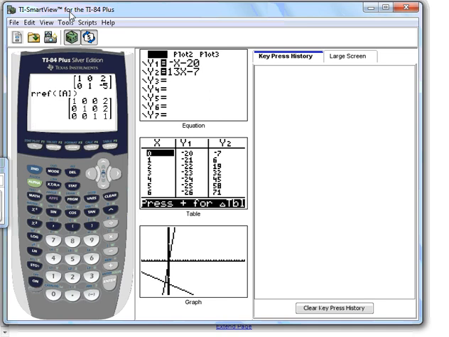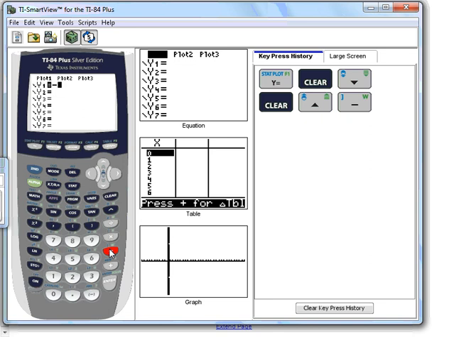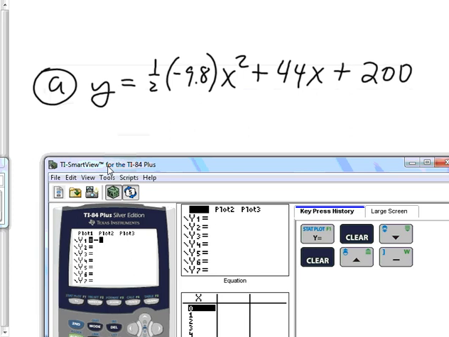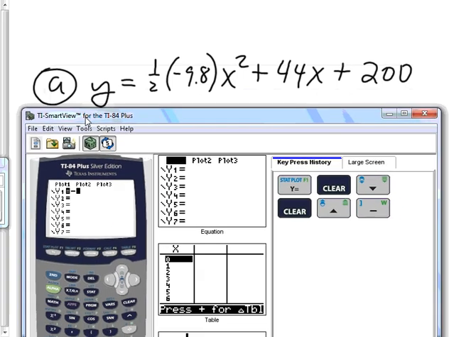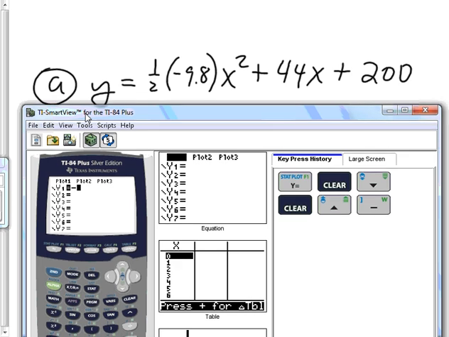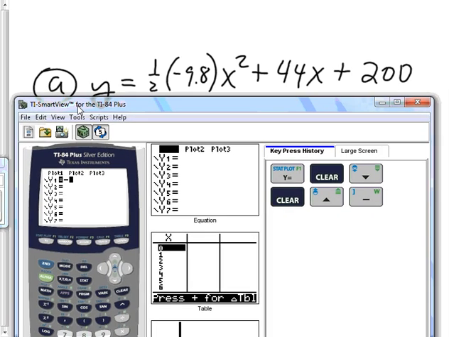I'm going to clear that out. Negative, is it 9.8 or does it shrink down to, well, isn't it half of 9.8? What's half of 9.8? Negative 4.9x squared. You know what I'm saying there?